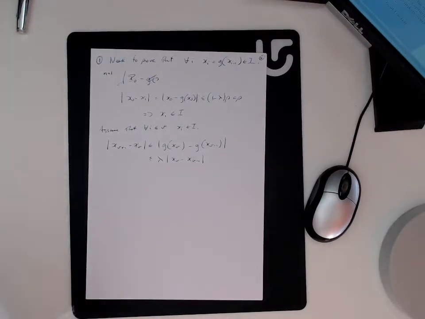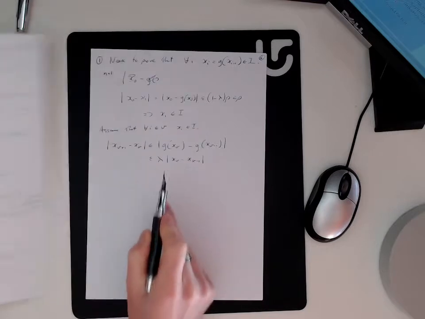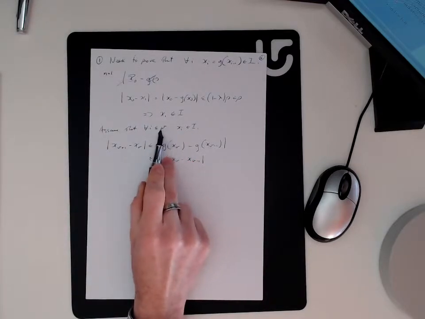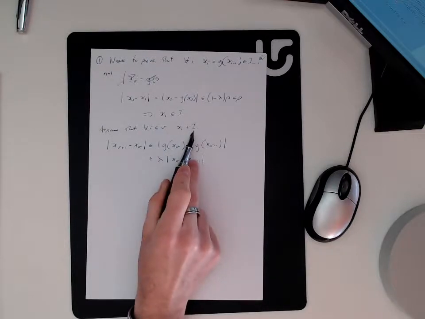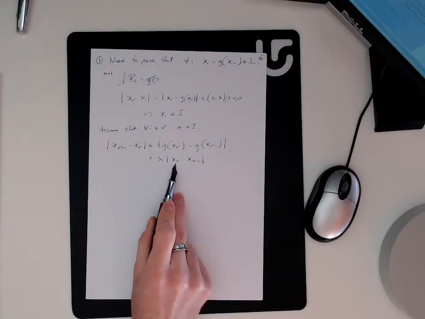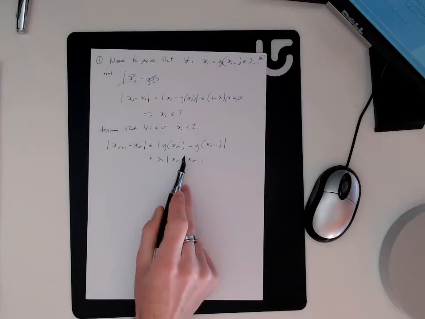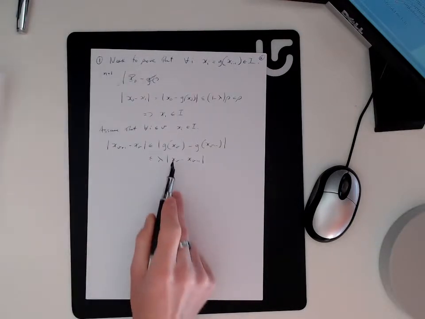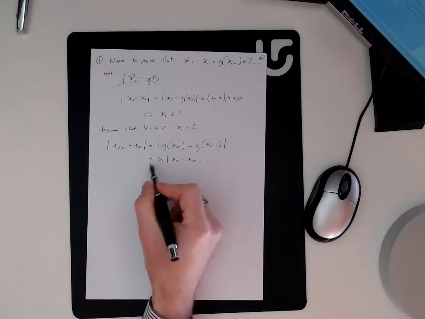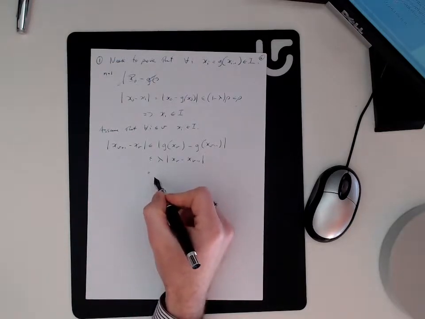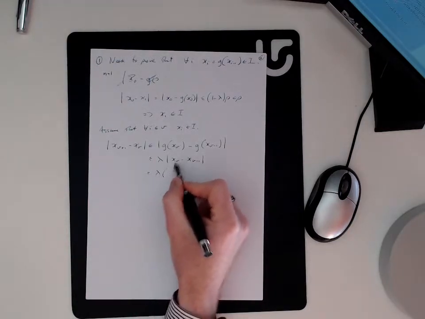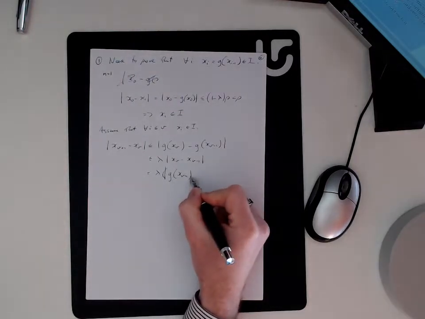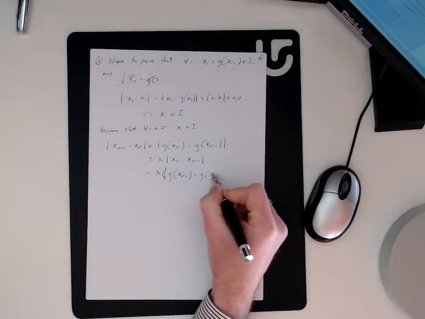That is true by Lipschitz continuity, and because I've assumed that everything's in I. For all iterates whose index is less than or equal to v, they're inside I. These are both in I. If they're both in I, then g is Lipschitz continuous, so I get to write that down. This is equal to lambda times the absolute value of g of x v minus 1, the definition of the iterates again.